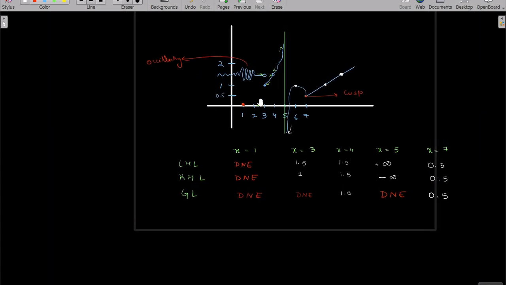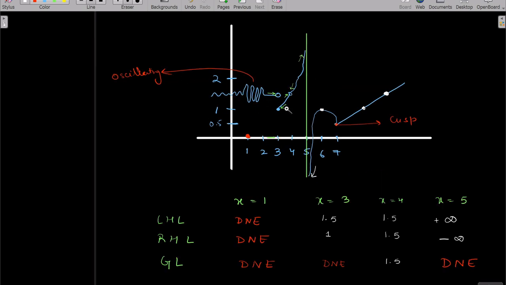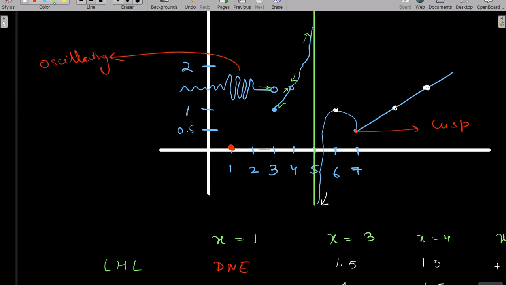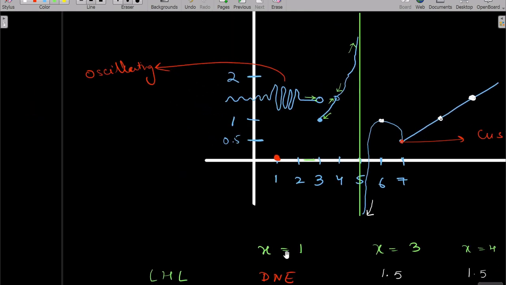Okay, Anika, are all these cases clear? We took a case of an oscillating graph, then a discontinuity. We will do discontinuity in detail. When you see a break or a jump in the graph, we say that the function is discontinuous. We also saw the case of an asymptote, and the case of a cusp.